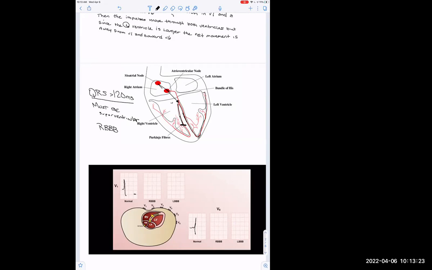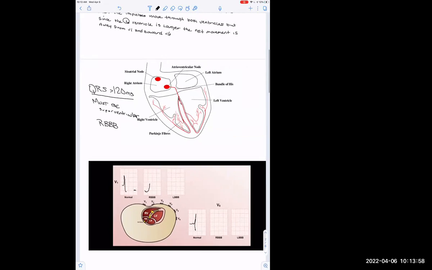We said in a right bundle branch block, initially, everything looks fine because the impulse comes down to the endoventricular septum, to the bundle of His, and we have this upswing because initially, in V1, we do have this cardiac vector that's moving toward V1.